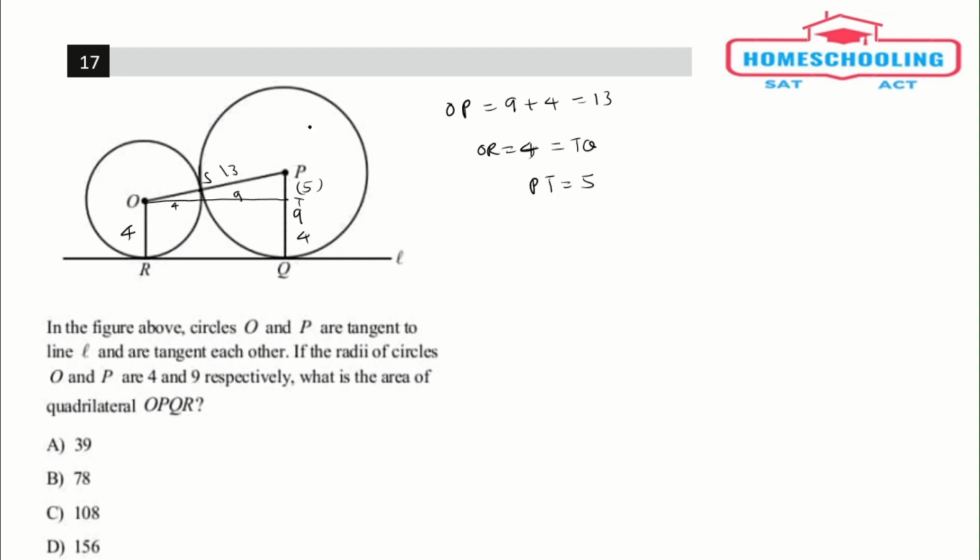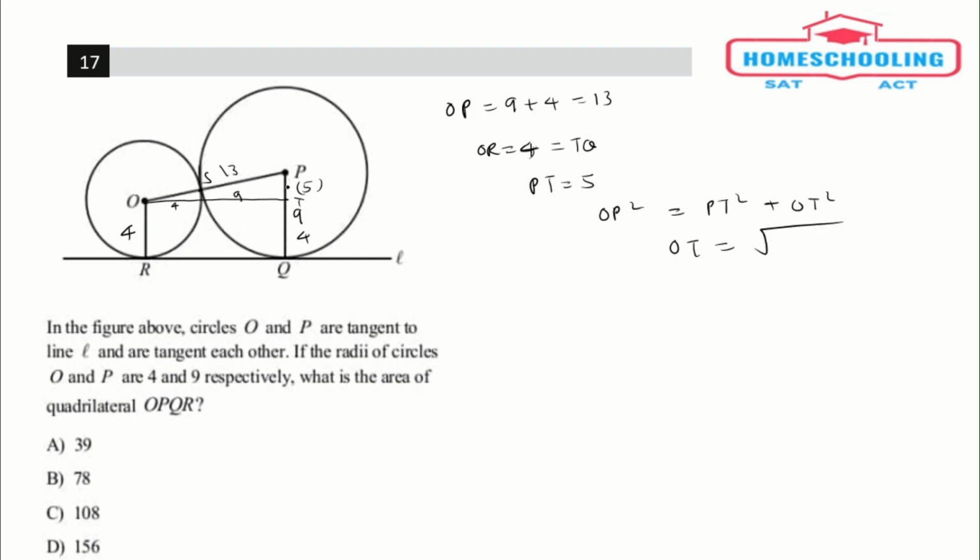Now in this triangle we know two sides, so we can find OT using the Pythagoras theorem. So using the Pythagoras theorem, OP square is equal to PT square plus OT square. So OT would be the square root of OP square minus PT square.